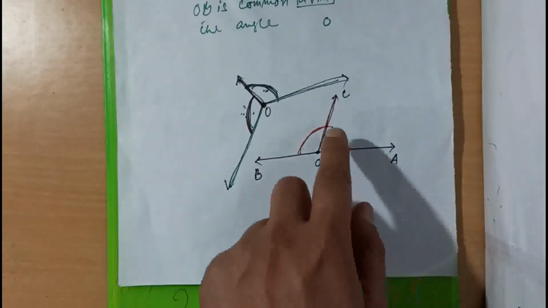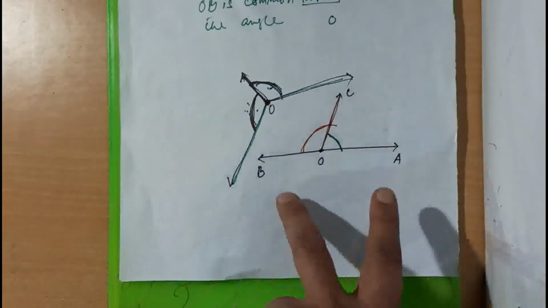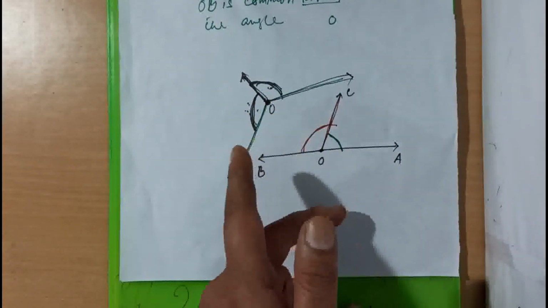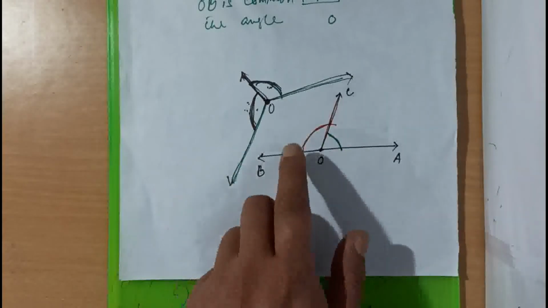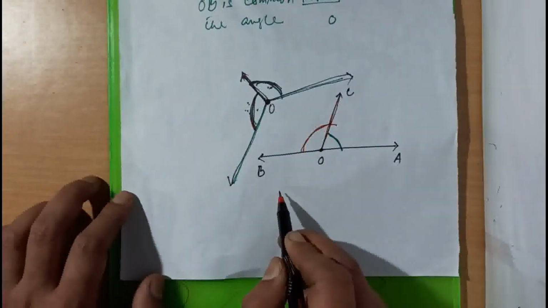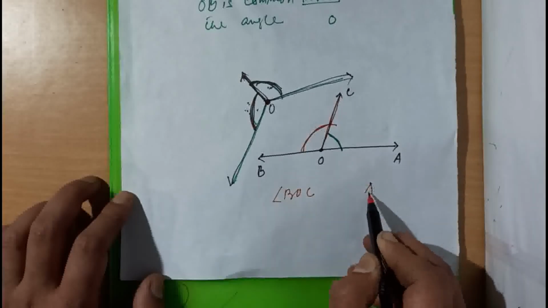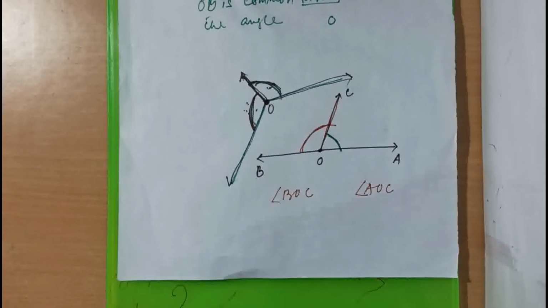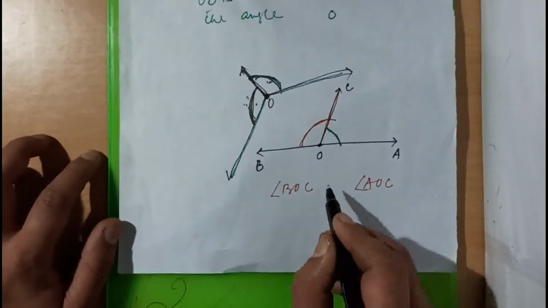But in this case, apart from this OC, if you observe the other two rays, we have already come to know that this is an adjacent pair. So let us write the angle names, BOC and AOC. So these two angles are an adjacent pair. We have come to know that they are an adjacent pair.